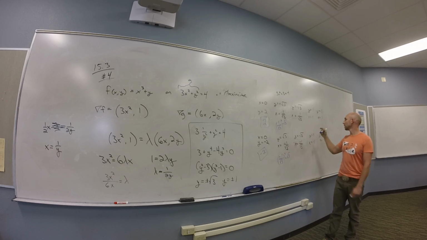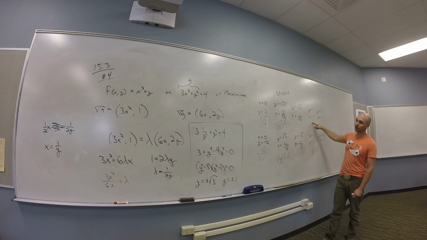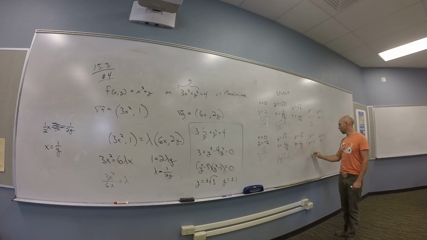So you just keep cranking. Those ones are similar. This one is 2. This one is 0. This one is 0. And this one is negative 2.